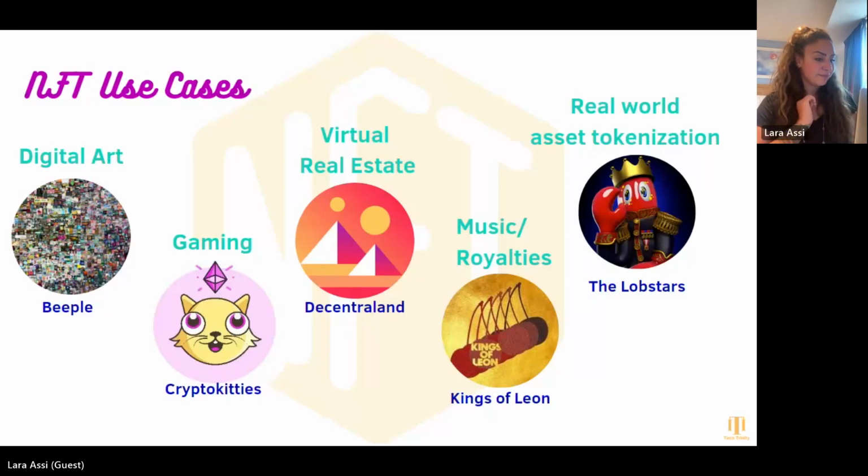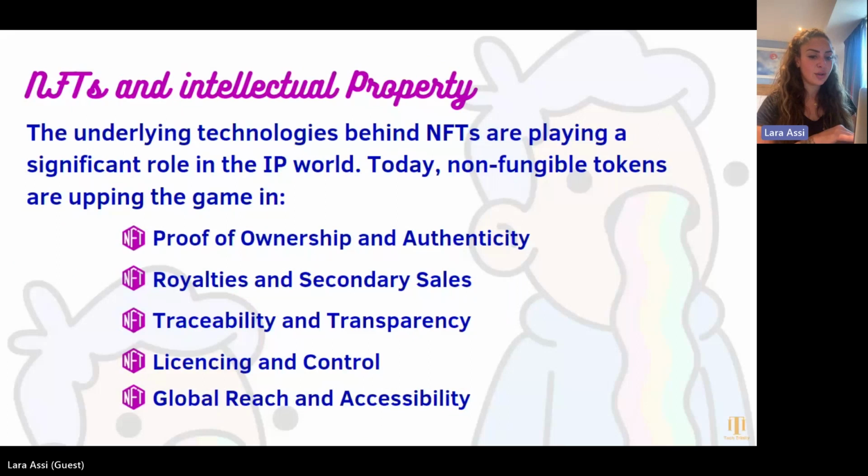So now we get to the monetizing part, as they say. NFTs and intellectual property. Now, as we talked about, each NFT will contain a unique identifier that's stored on the blockchain, and that is the immutable record of ownership that we were talking about.